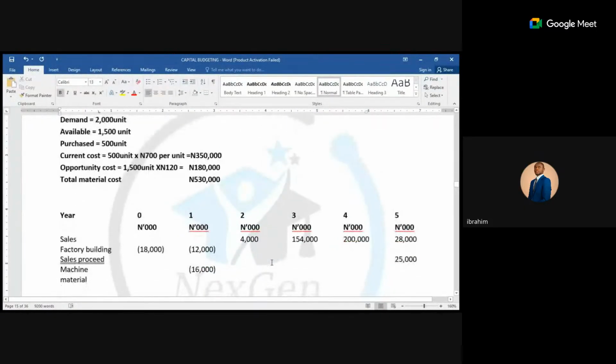What they forwent, we have to add it to the costs. Material cost, or you can separate it: the current cost, 350, and the opportunity cost, what they forwent. So at year two, sorry, you will have 530.